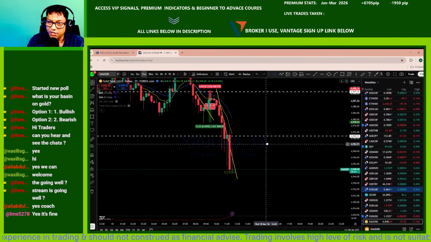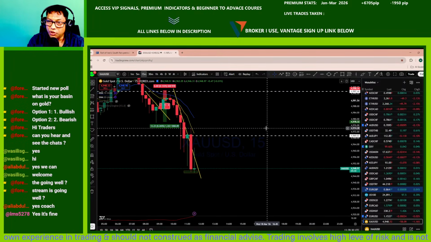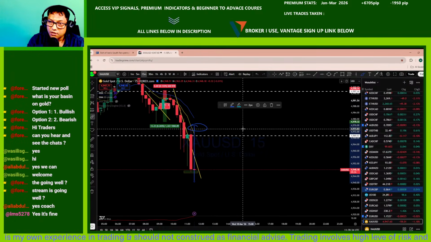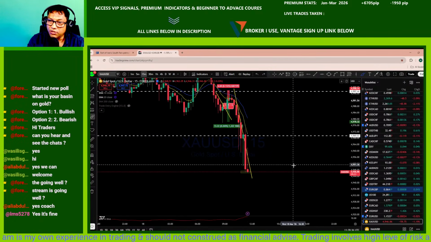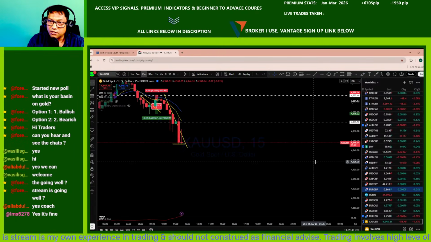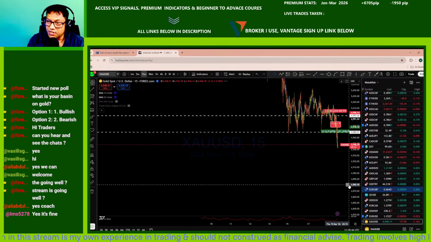If you look at the 15 minutes, this is a 15 minute doji. The previous 15 minutes was a bearish engulfer, and the market closed as a bearish engulfer. Now there is another 15 minutes, and we could see this market eventually come down further here.